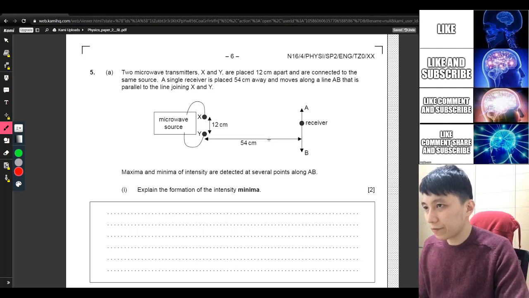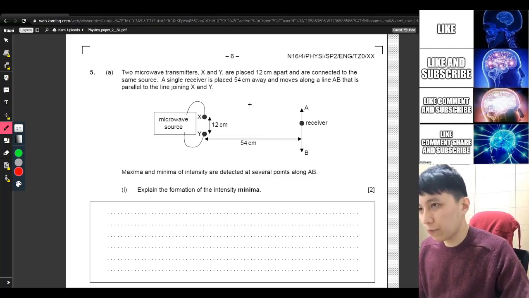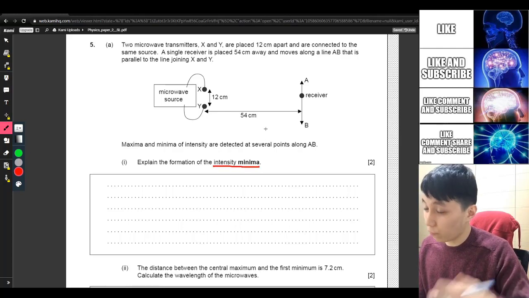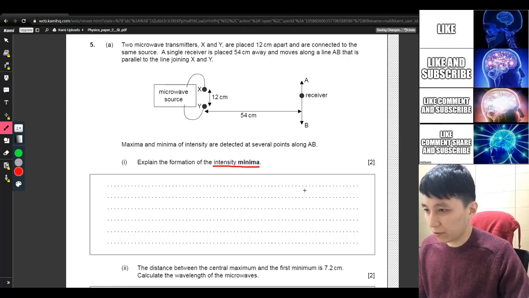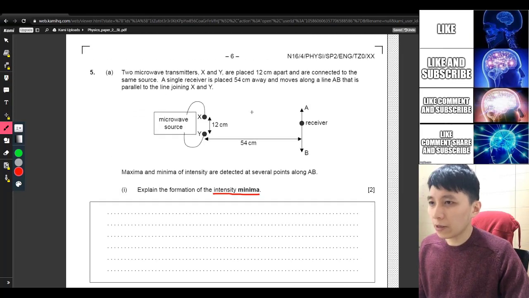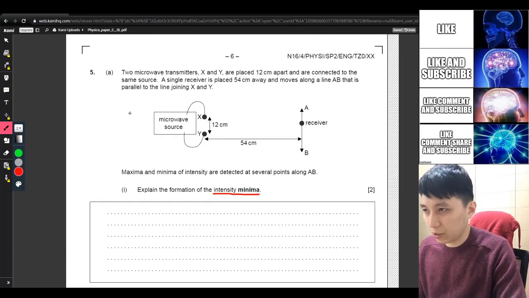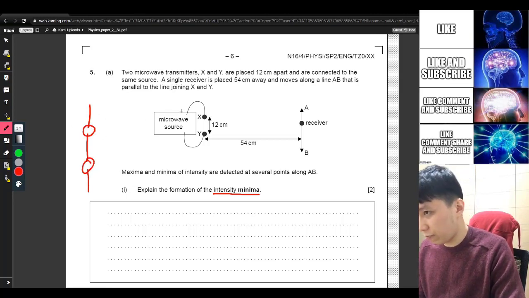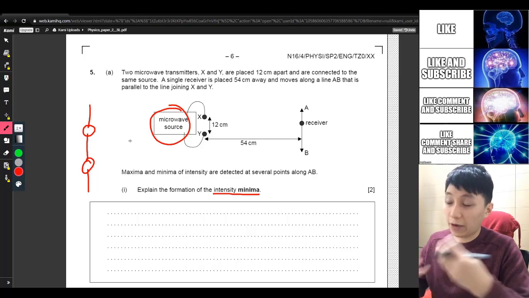Alright, question 5. Obviously something to do with waves, and when you see the question intensity minima, of course you should recall destructive interference. And then if you look forward, you find this is the same as double slit, because when you have double slit, you actually have two sources emitting from the same phase.